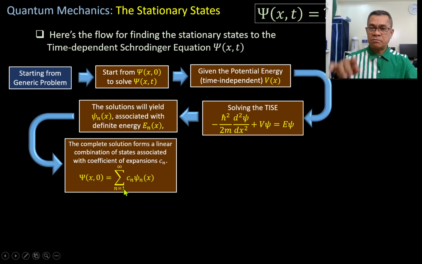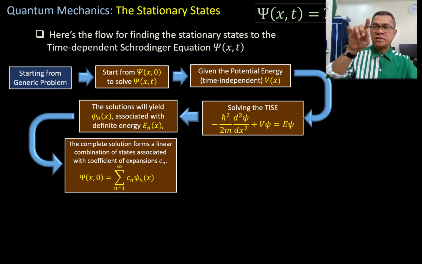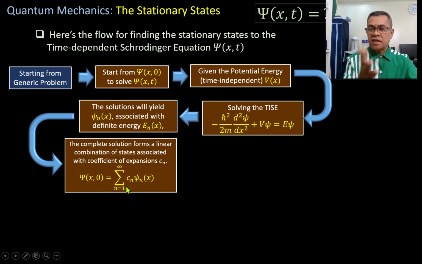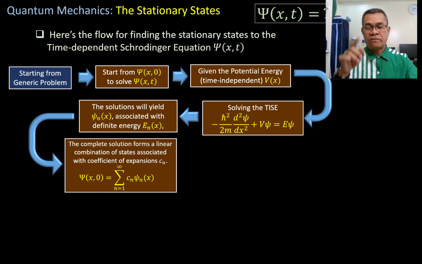So Cn is the expansion coefficient, meaning we have C1 times psi 1 plus C2 times psi 2 and so on. Okay? Taking the sum is the complete solution because in stationary states, the complete solution forms a linear combination of states. But take note, we have the coefficient of linear expansion.